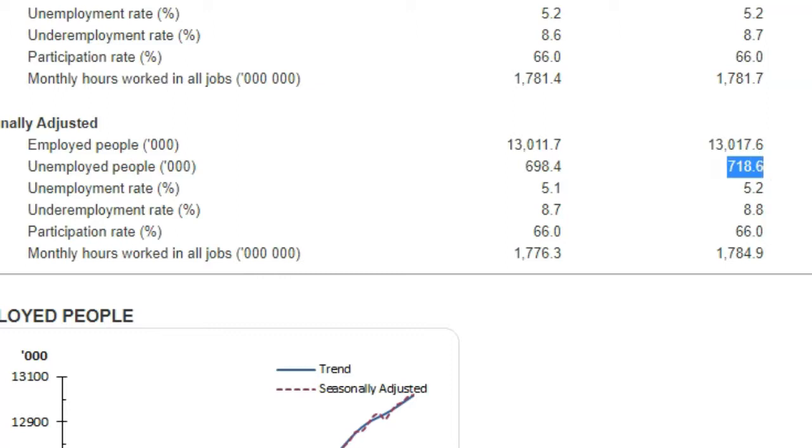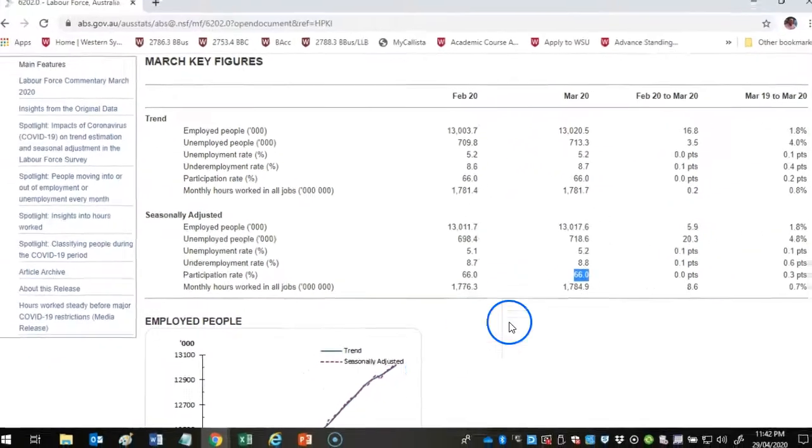Well, that was 718,600 people. We also wanted the unemployment rate. That's here. It's a rate, so it's a percentage. So the unemployment rate was 5.2%, and the participation rate is 66%. So that's the answer to that.